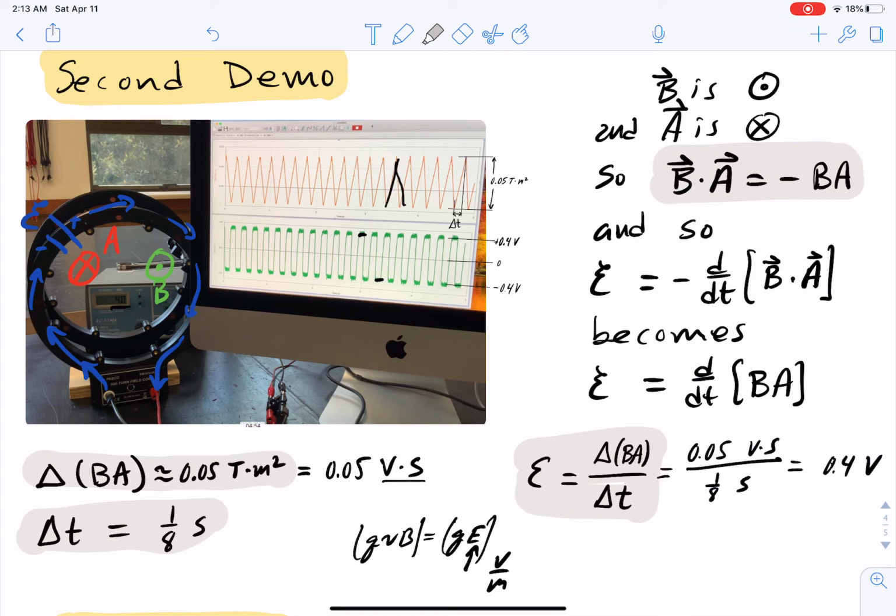When you take the dot product of two vectors that are in opposite directions, you get negative the product of their magnitudes. Okay, so then when we put that into our definition of the EMF, that cancels out this minus sign here. So then we just end up with this. And that's why the rate of change of this graph ended up giving us this graph. That's just straight up Faraday's law.